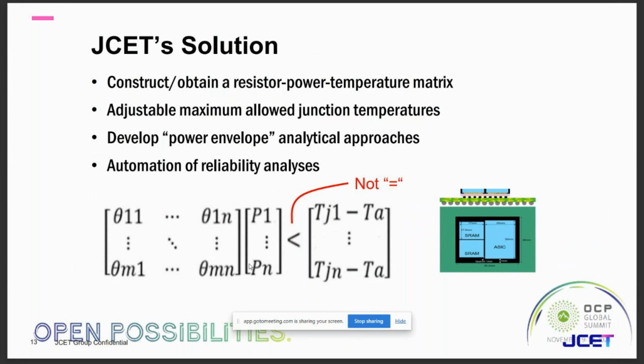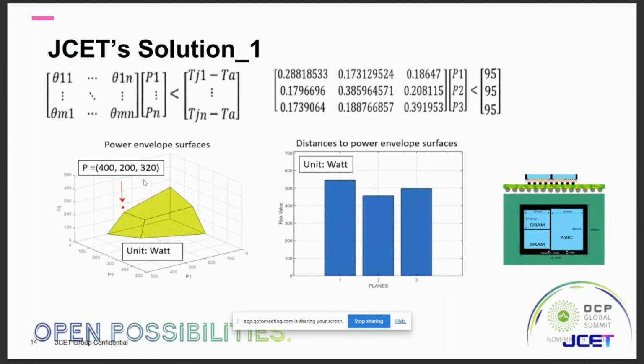You can imagine that you know the thermal resistor matrix, the left one, and you also have the temperature matrix. So you solve this equation and determine the power envelope. Here it is not equal, so it will not be exactly on the surface. If it's equal, it will be these three surfaces.